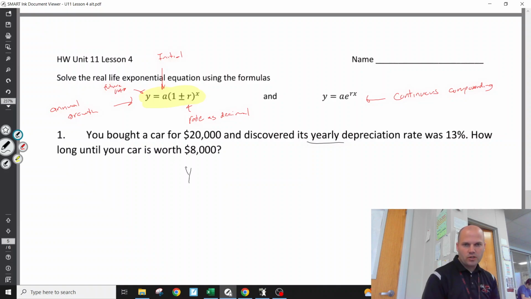So we are going to use the equation y equals a. You can either use 1 minus r or 1 plus r, just your rate is going to be negative. My advice is to take this r and just add it to 1 right away. Make sure you know that you start out with a car worth $20,000.